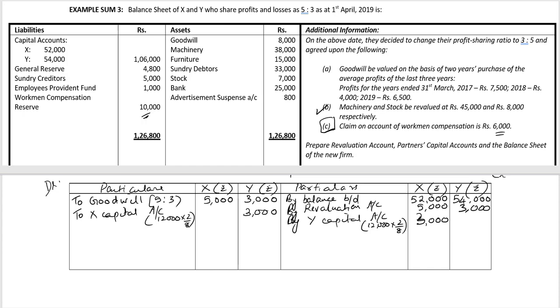So the balance 4,000 we'll distribute among the partners by workmen's compensation reserve account, 4,000 to be divided in 5:3. 2,500 for X and 1,500 for Y.